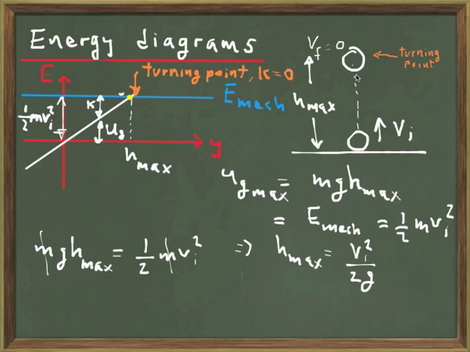That's what happens to this ball. It goes up, stops at the turning point, and then turns back down. So that's a turning point, which you can identify in an energy diagram by the points where the mechanical energy of the system meets the potential energy of the system, because at those points, there is no kinetic energy left.